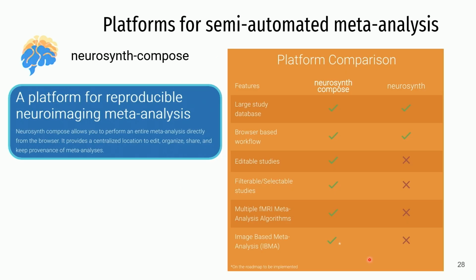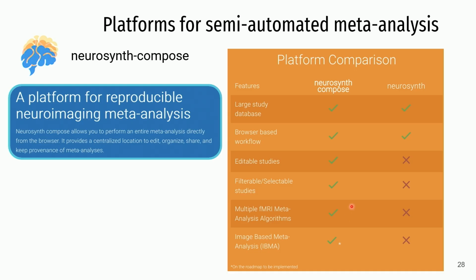If we compare Neurosynth to Neurosynth Compose, they are both based on a similar database. They both have a browser workflow. New capabilities are that they enable editable study sets and filterable studies as well.